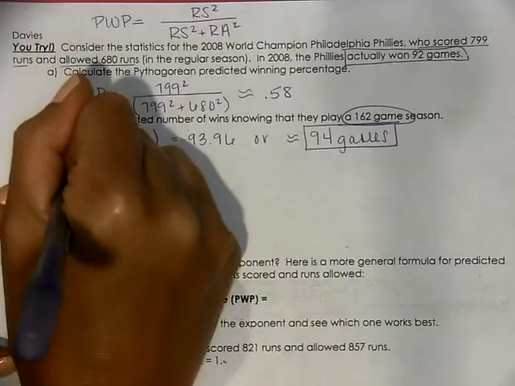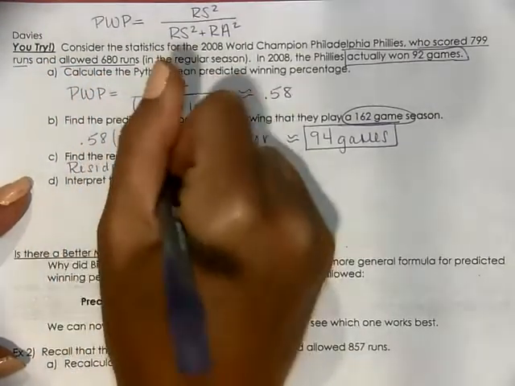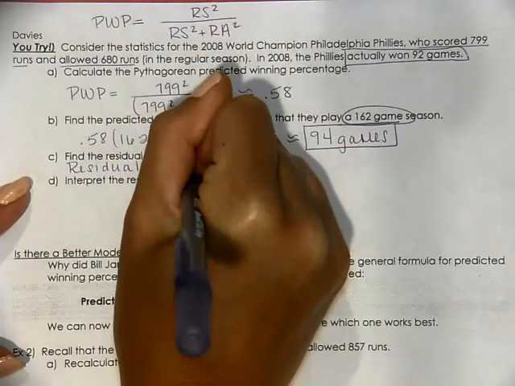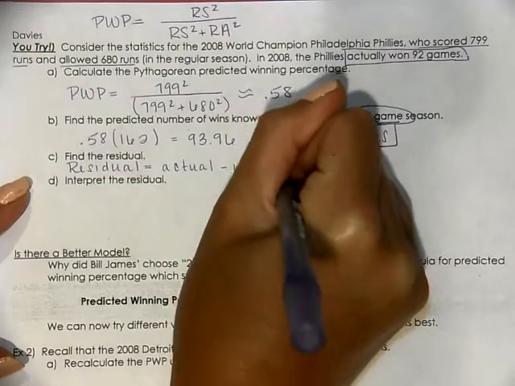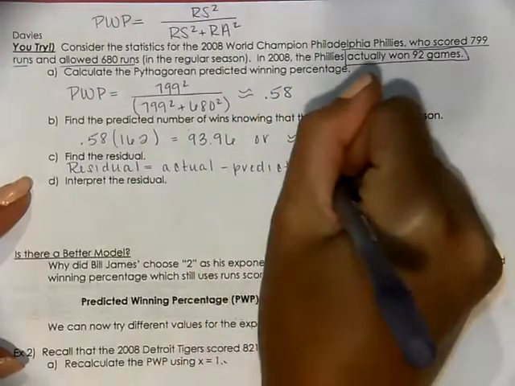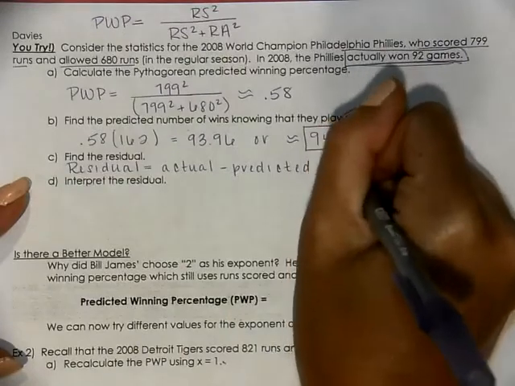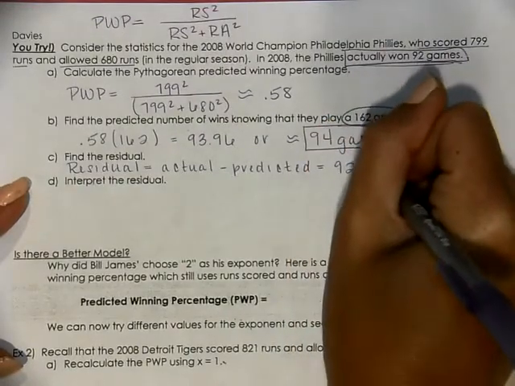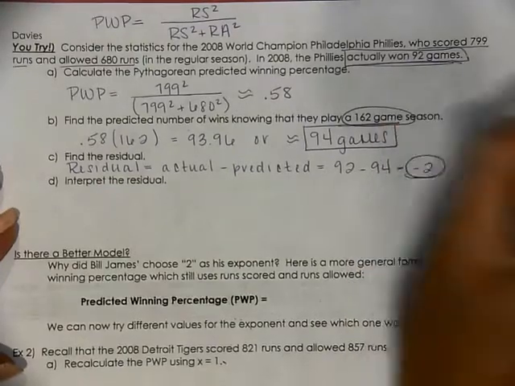Remember, the formula for residual is the actual value minus the predicted. So up here it says they actually won 92 games. They are predicted to win 94. So it's a difference of 2. Or I'm sorry, negative 2.